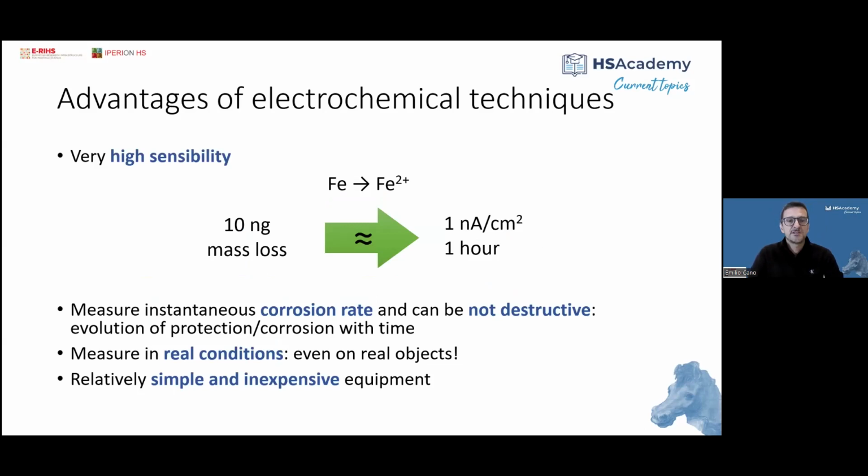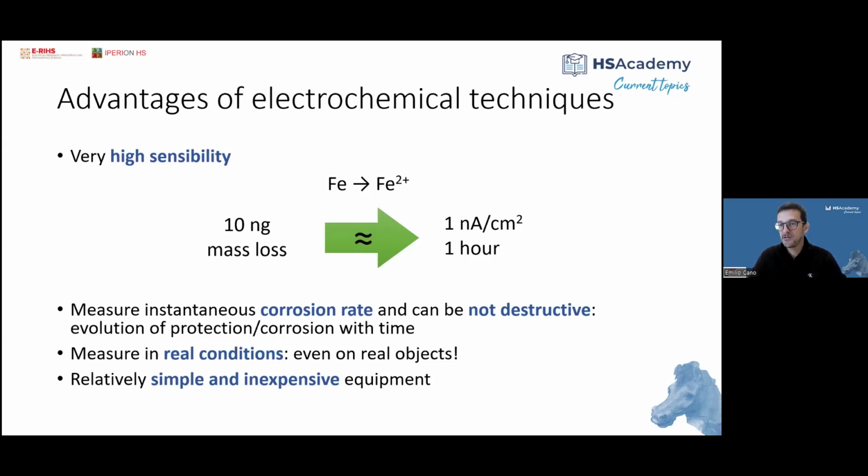The advantages of these techniques are several. I am mentioning here some of them. The first one is that they have a very high sensitivity. For instance, here you see that a mass loss of 10 nanograms during a corrosion process, which is a mass that is very difficult to measure, for a corrosion process of oxidation of iron to iron 2+, can be measured in electrochemical terms as a current of 1 nanoampere per square centimeter for 1 hour.